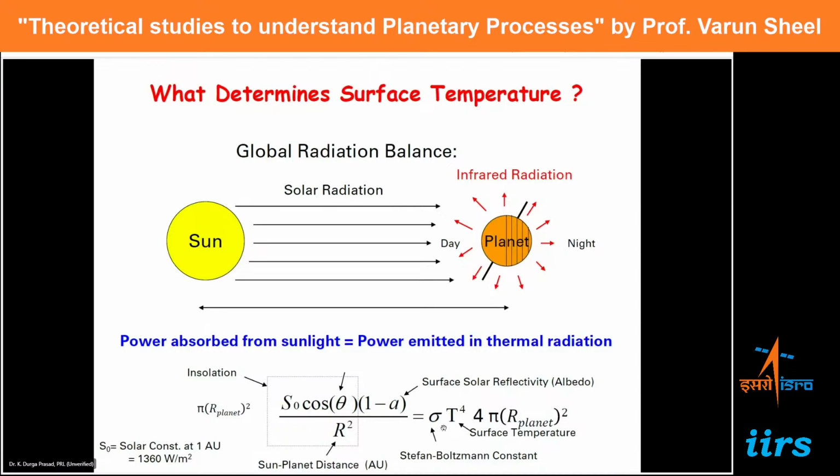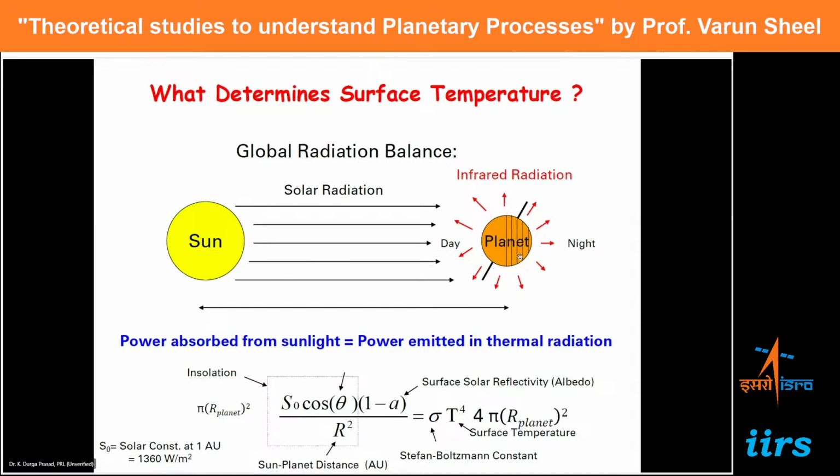On the left side of this equation, you can see the solar constant, which is S naught. S naught is the solar insolation, which is around 1400 watts per meter squared at the top of the atmosphere. Cos theta accounts for the angle at which the solar radiation is received, which you can express in terms of latitude. If theta is 0, then the equator receives the complete overhead sun.